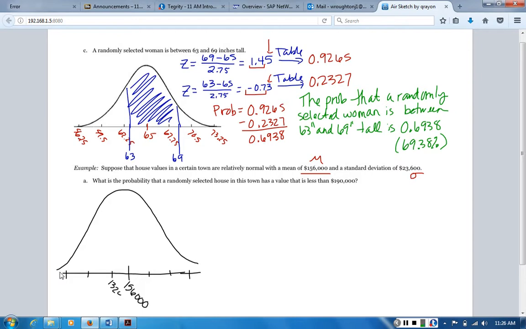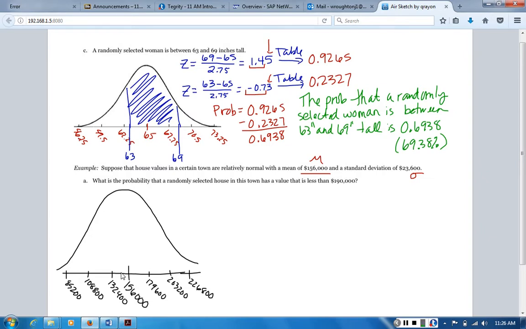So I get 132,400 the first time I subtract, 108,800 the second time I subtract, and then 85,200 the third time I subtract. In the opposite direction, we're just going to add the 23,600 each time. So I get 179,600 the first time I add, 203,200 the second time I add, and then finally 226,800 the last time.